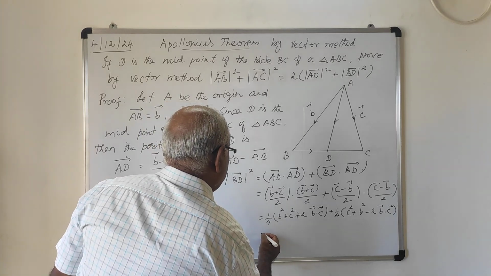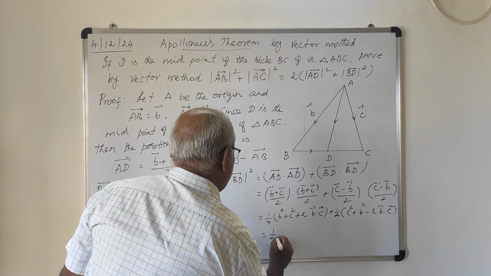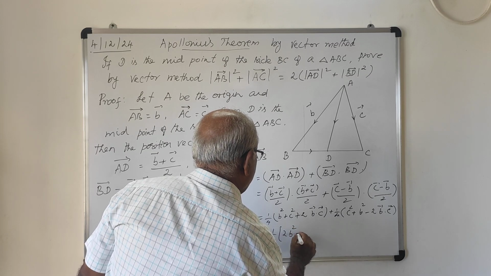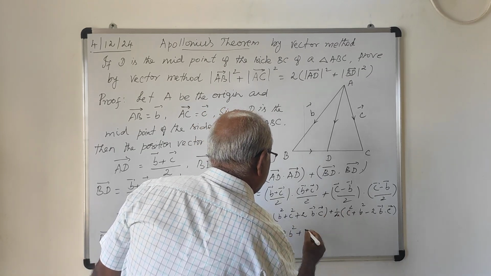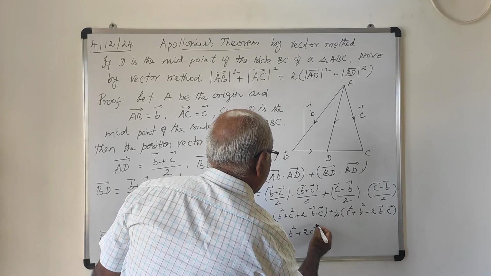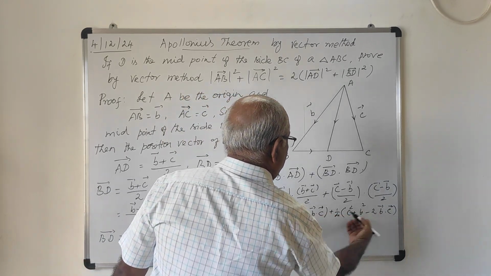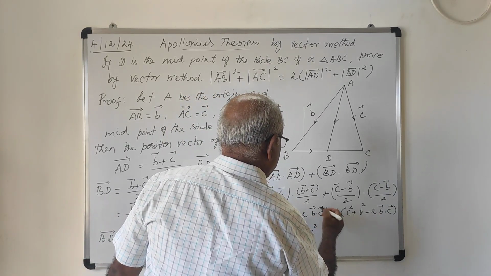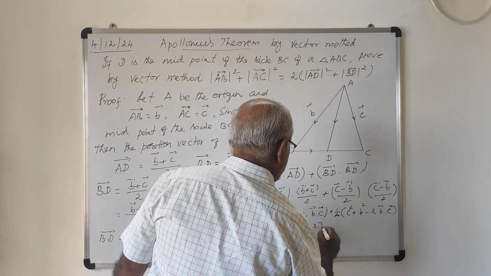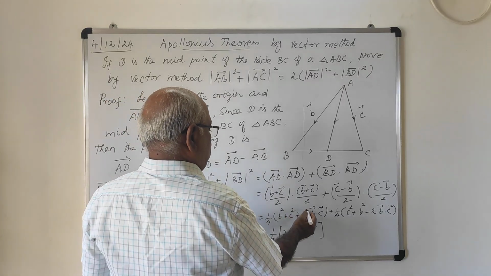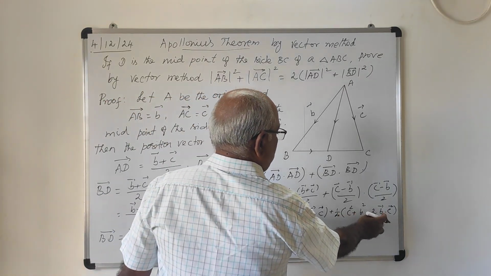Now, considering 1/4 as a common term, you will get B² plus B², that is 2B², plus C² plus C², that is 2C², plus 2 B·C minus 2 B·C.